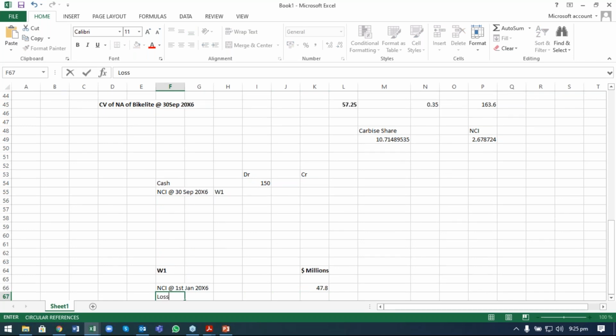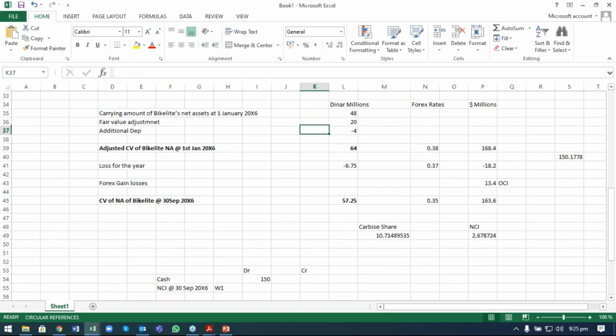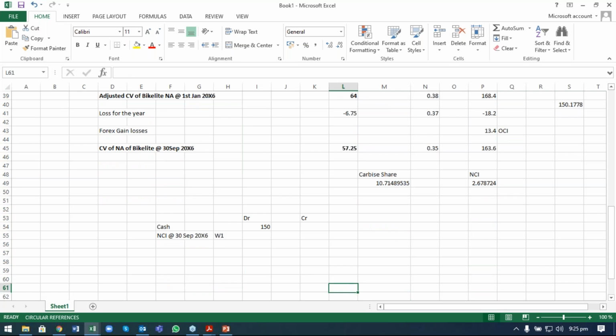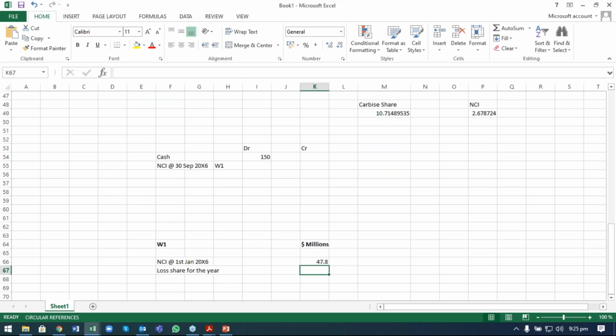So you have to share the profit or loss for the year. What was the loss for the year? Looking at the loss, the loss for the year was 18.2 million. So you have to consider the loss percentage, and this working should be done over here.